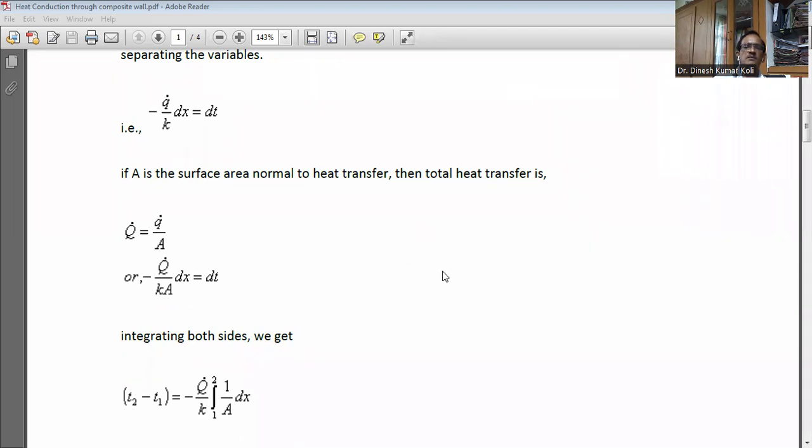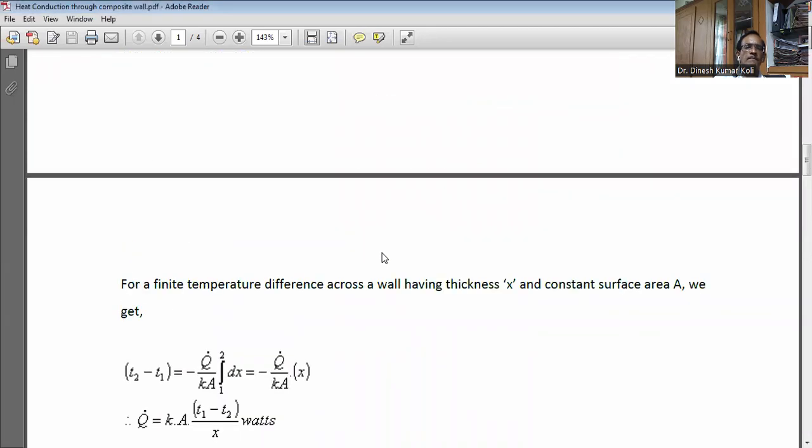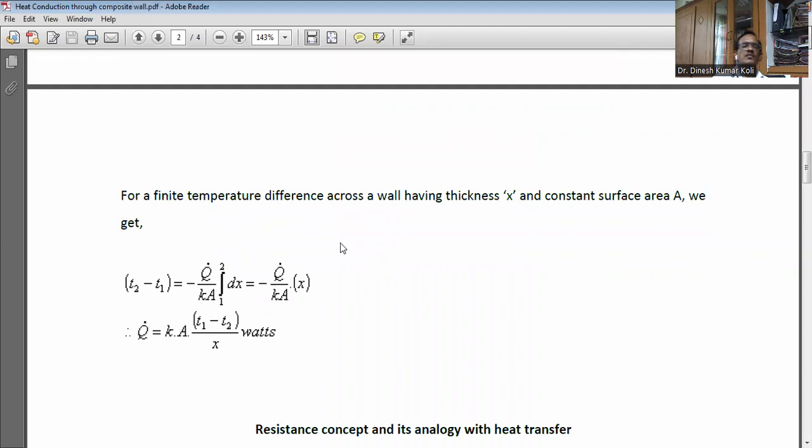Now we see here, for a finite temperature difference across a wall having thickness x and constant surface area A, we can write T2 minus T1 equal to minus Q x by kA.